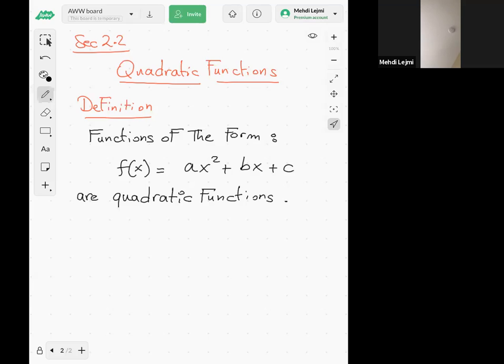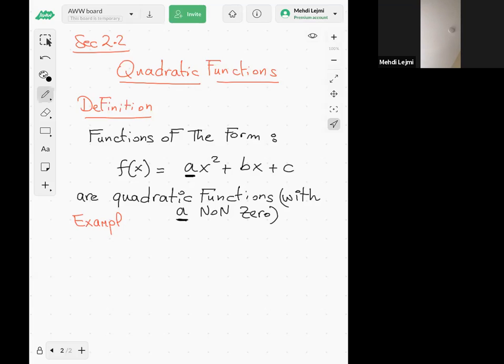Here, for quadratic functions, the number a must be non-zero. This is important. So this a here must be non-zero, right?